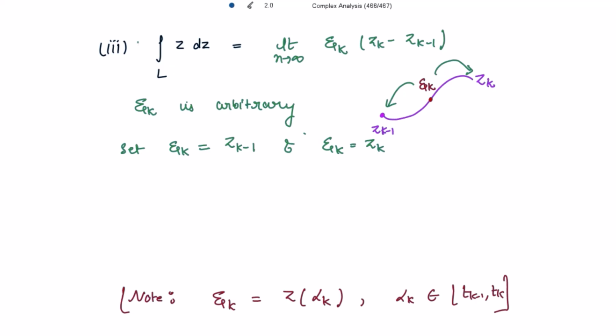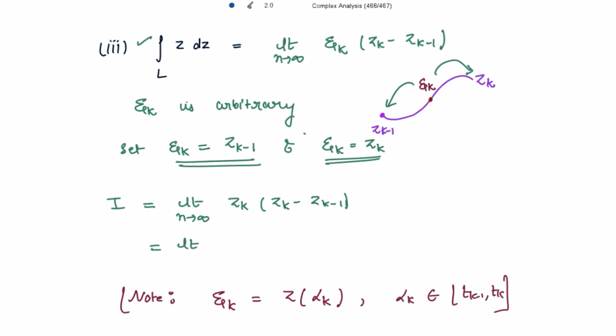So we are getting this integral to be equal to the limit n tends to infinity. If xi k is equal to zk, then this is zk into zk minus 1. If xi k is equal to zk minus 1, then the same integral will be equal to zk minus 1 into zk minus 1.